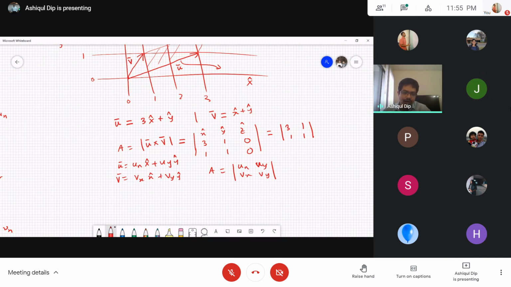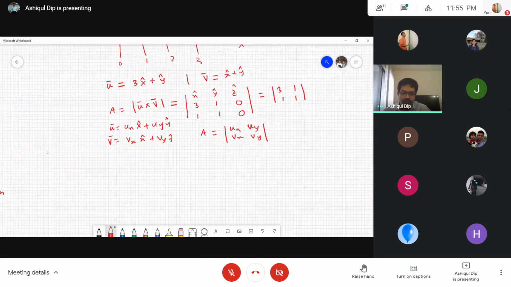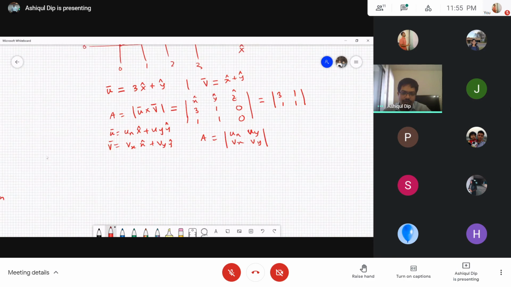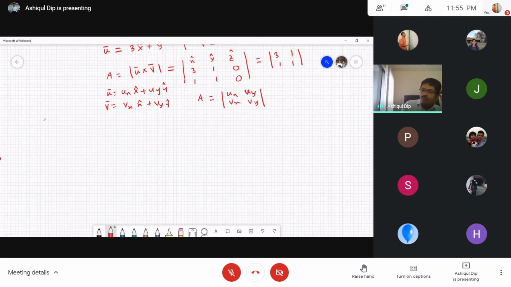So now, if we have a vector system in arbitrary coordinates, say two vectors, u equals ux ex plus uy ey and v equals vx ex plus vy ey.